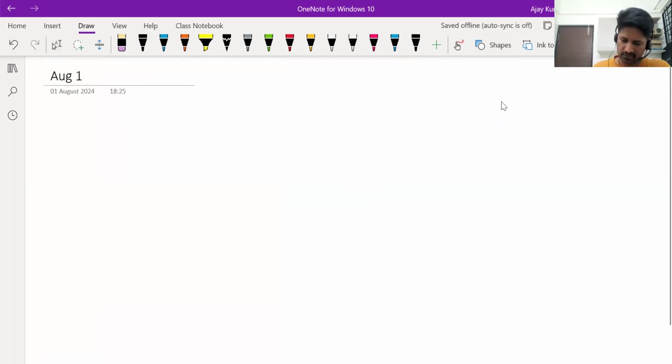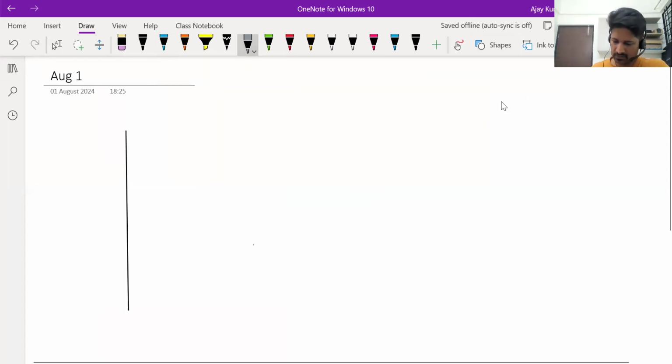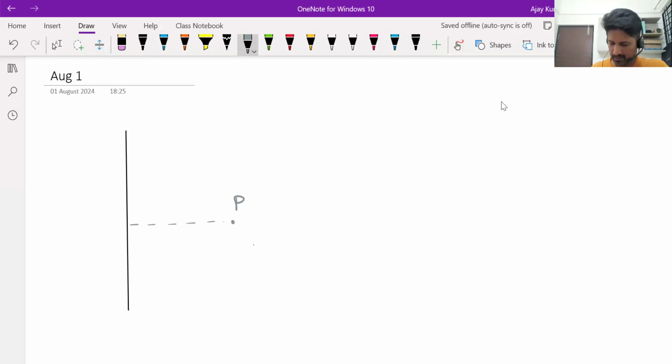So suppose this is the straight wire whose magnetic field you want to calculate. And assume this is the point where you are required to calculate the magnetic field. Let's call the point P. This perpendicular distance is X. In the formula, we have theta 1 and theta 2. So remember what theta 1 and theta 2 are.